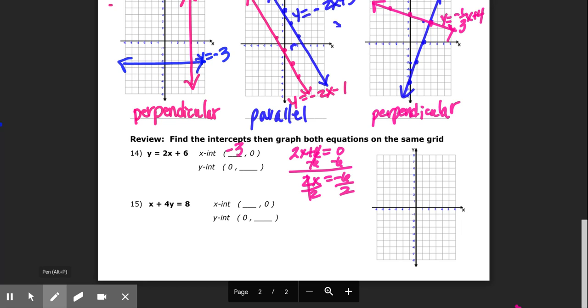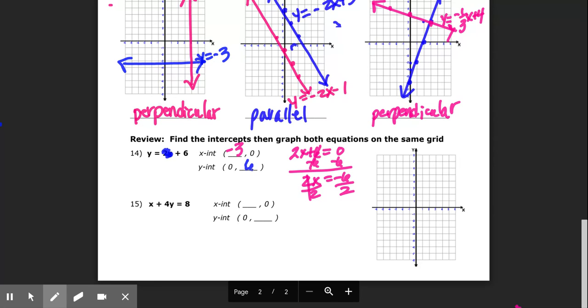Then our y-intercept, that's a little bit easier because it's when our x is 0. So basically right here, when we put 2 times 0 for our x, that's 0. So basically we can just cancel out the whole 2x term because 2 times 0 is 0. Then 0 plus 6 is 6.